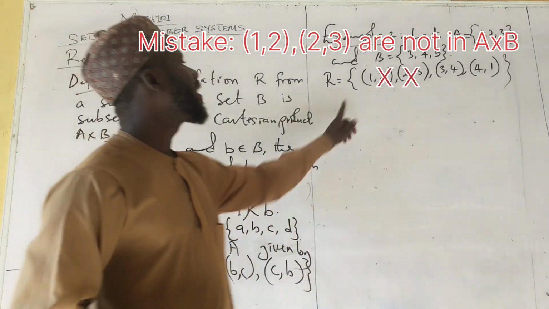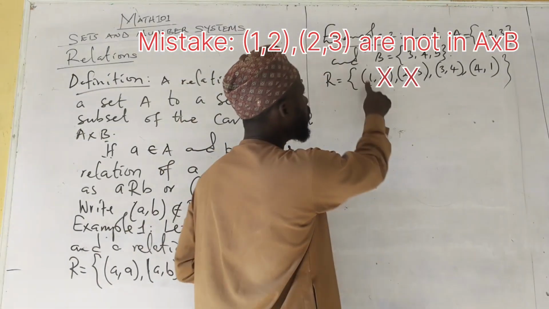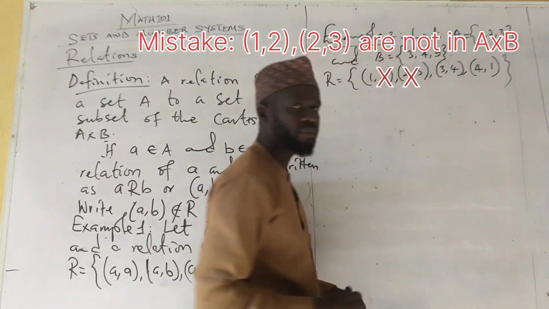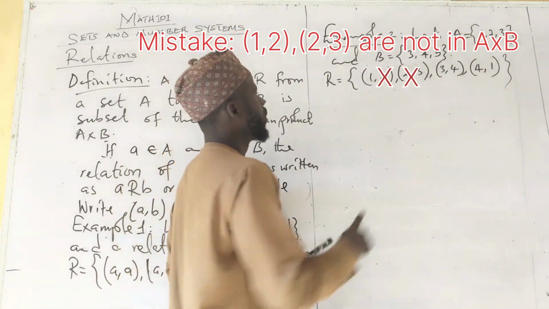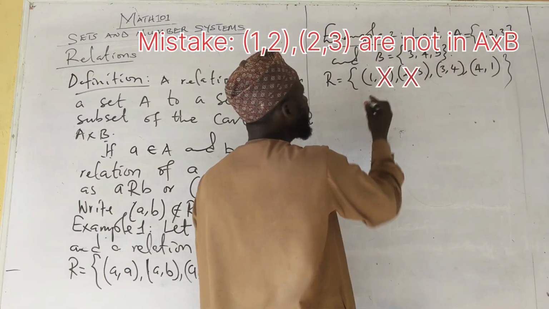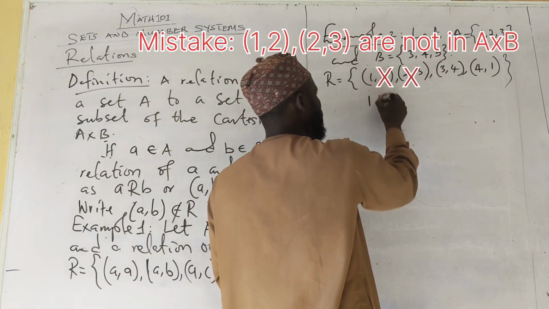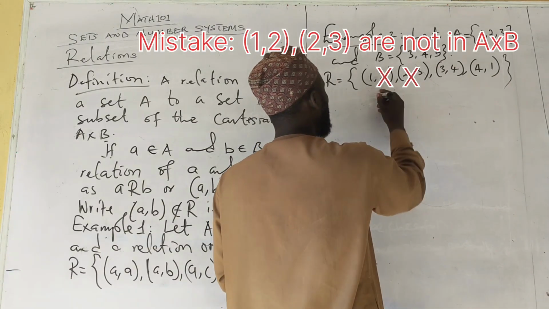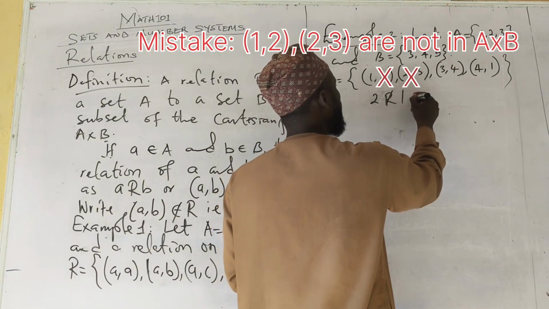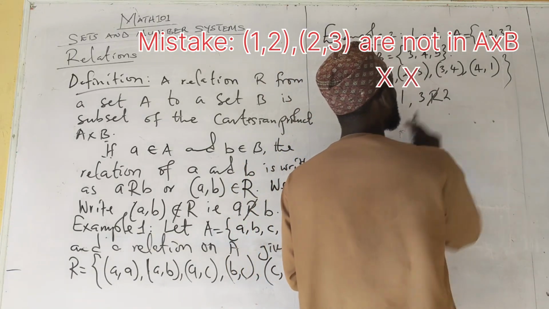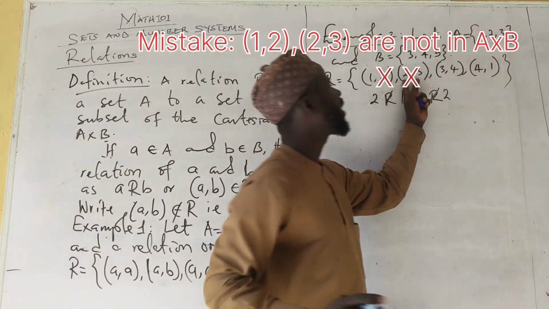So you see, in this relation, 1 is related to 2, but nowhere is 2 related to 1. 2 is related to 3, 3 is not related to 2. So you write 2 is not related to 1, and 3 is not related to 2, because it's an ordered pair.